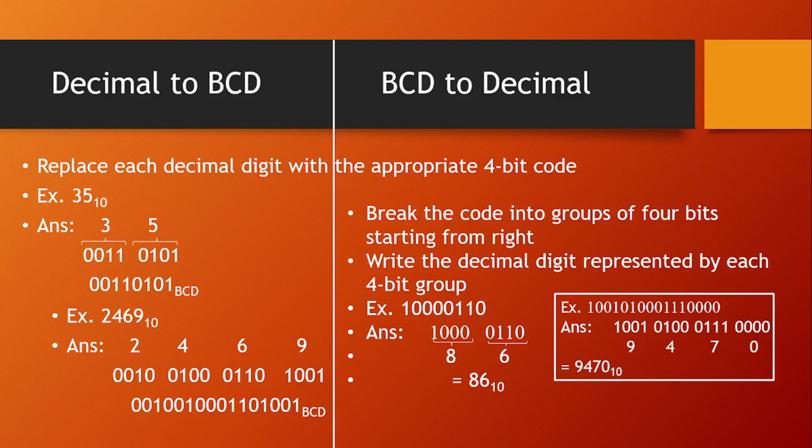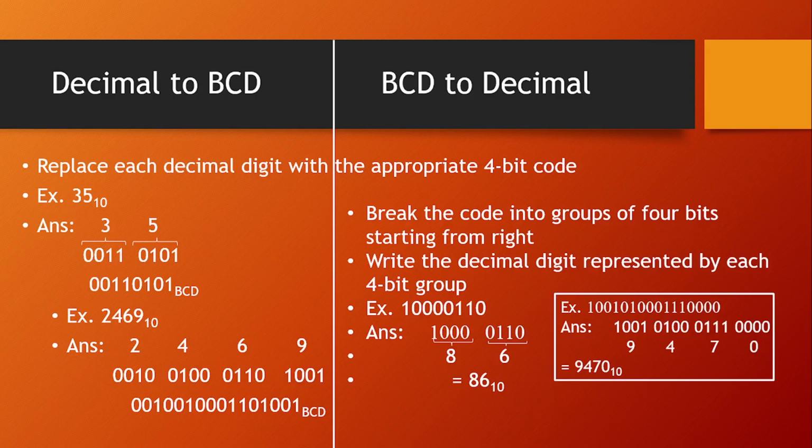Then 0100, so 1 only is at the position of 4, so the equivalent is 4. Then 1001, 1 at the 8th position and 1st position, so 8 plus 1 is 9, so the equivalent is 9470.